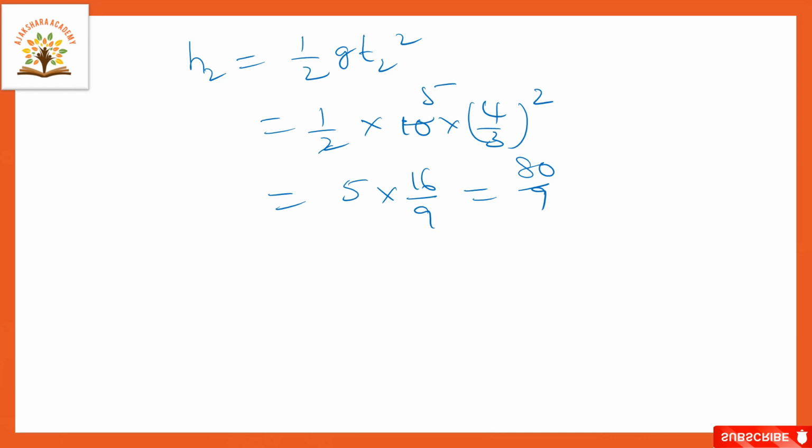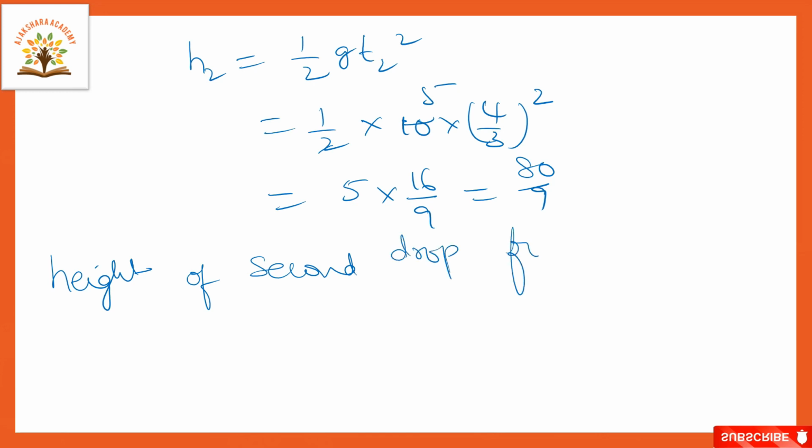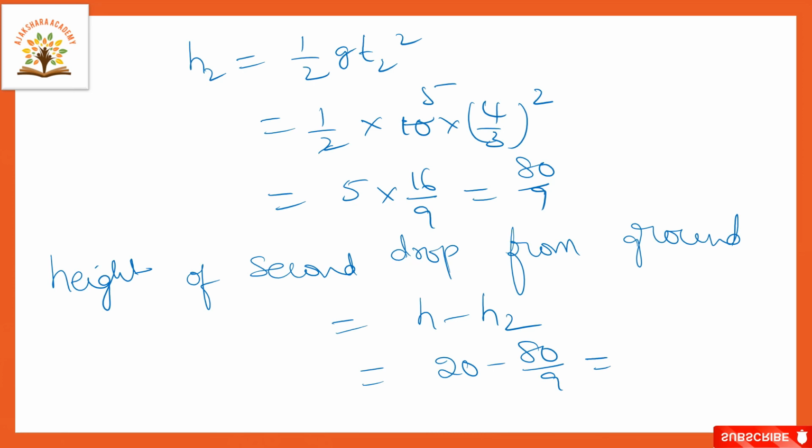So height of second drop from the ground is H minus H2, that is equal to 20 minus 80 by 9. 20 into 9, 180. 180 minus 80, 100. 100 by 9. So the final answer is 100 by 9.